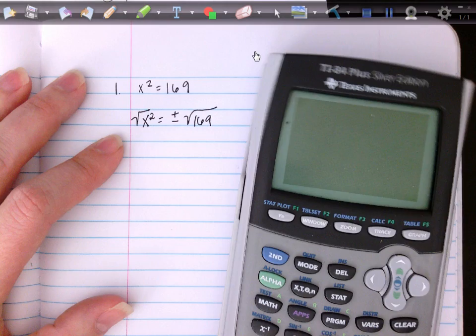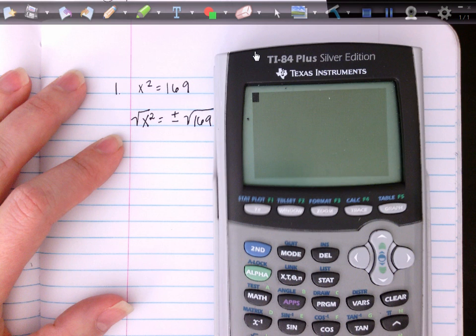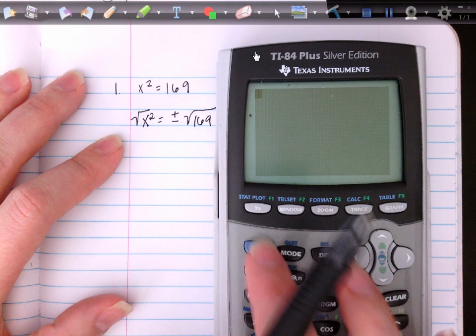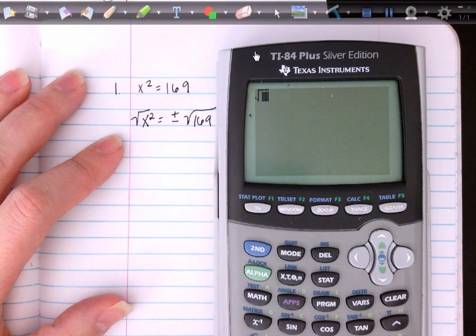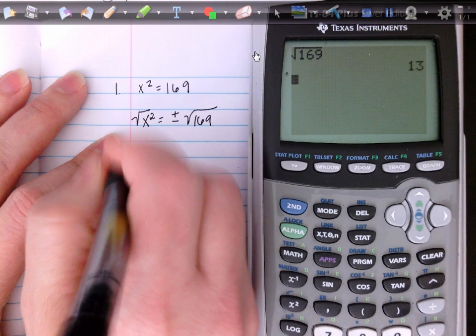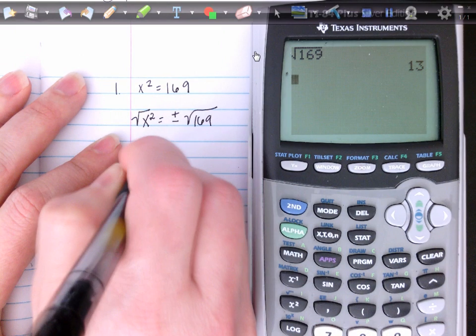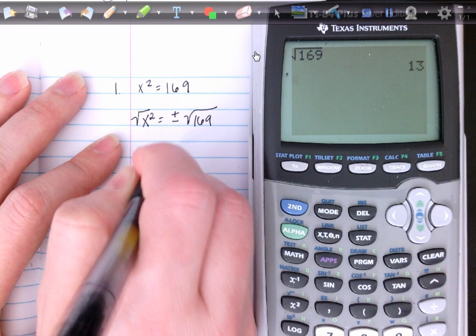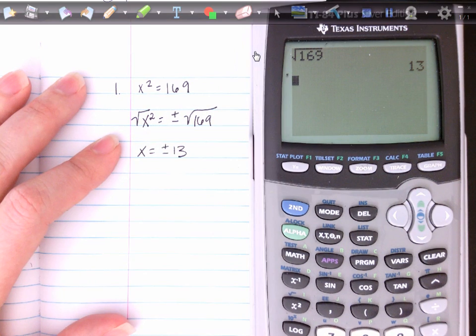So now I'm just going to type this into my calculator. My square root sign is right here, so I can just say square root of 169, enter, and that's going to give me 13. So that means that x equals plus or minus, positive or negative, 13.